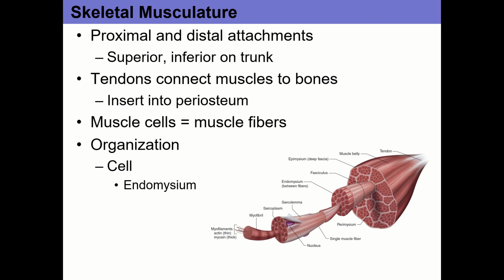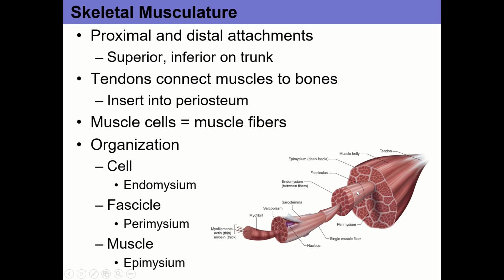Then, from the cell, we can bundle several cells together, and we get what's called a fascicle, or a fasciculus. And so the fascicle has its own additional layer of connective tissue, which is called the perimysium. So the perimysium wraps around a fascicle and separates it from other fascicles. And then the largest level of organization in a muscle is the muscle itself.